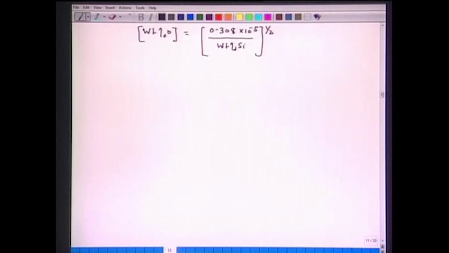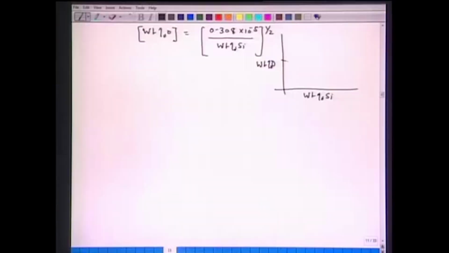So, if I plot weight percent oxygen against weight percent silicon, for 1773 Kelvin or 1500 degrees Celsius, then I will get a straight line with the slope equal to minus half. All that it says is that an increase in silicon decreases the oxygen, as this equation predicts.